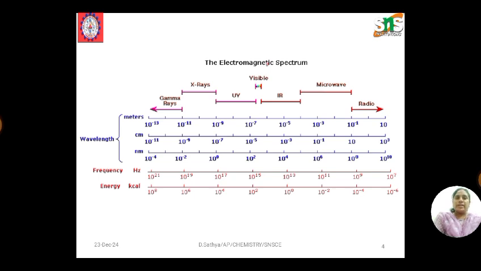This electromagnetic spectrum ranges from very short wavelengths, including gamma rays and X-rays, to very long wavelengths like microwaves and broadcast radio waves. This picture displays many of the important regions of the spectrum and demonstrates the inverse relationship between wavelength and frequency.